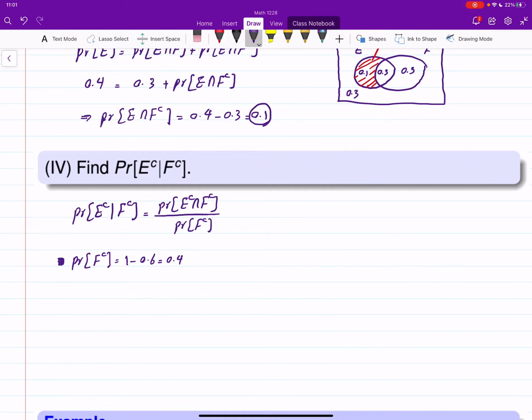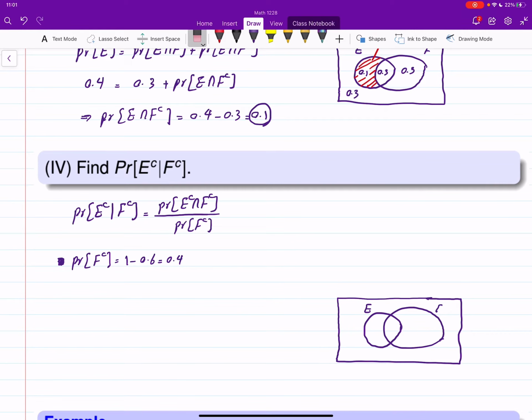For the intersection of the complements, let's first start with doing it by Venn diagram, because we have all the information on the Venn diagram, and if you're good with Venn diagrams, it will make your life much easier. But you have to be careful, because there are some subtleties there that you have to practice enough to be able to see those subtleties.